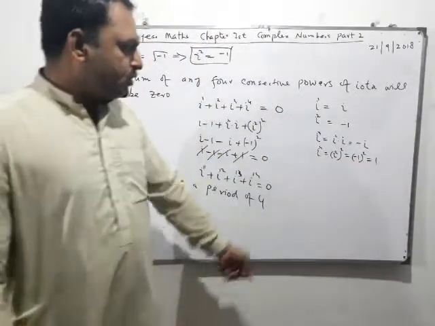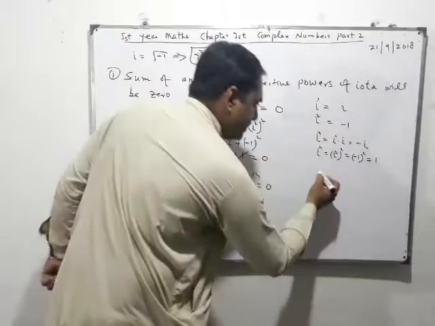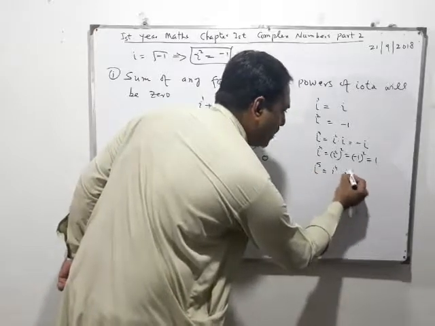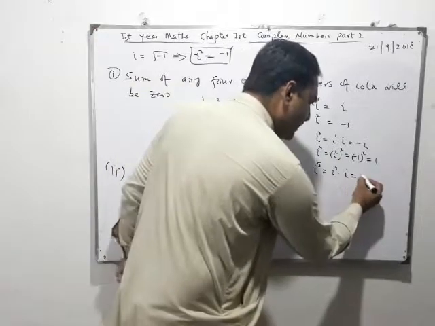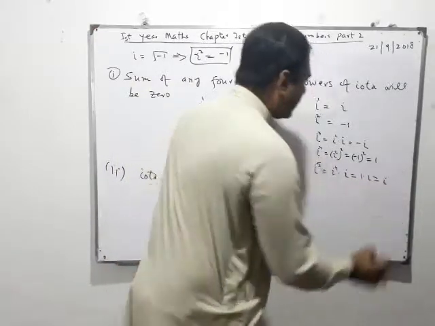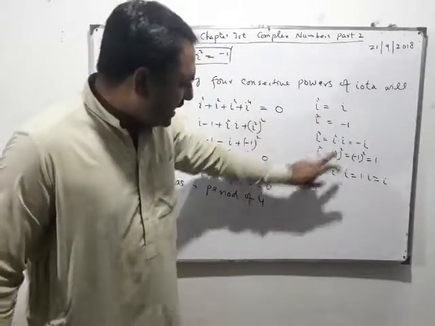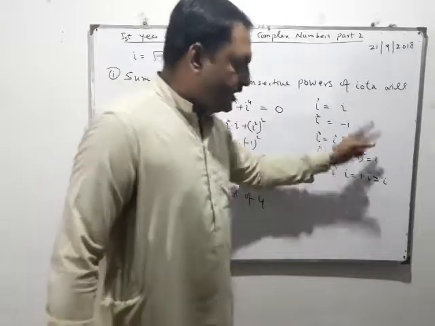Now by taking iota 5, we will get iota. How? That is iota 5 can be written as iota 4 into iota. So iota 4 is equal to what? 1. By putting 1, we will get iota again. So iota 1 equal to iota and iota 5 equal to iota. So after 4th power iota will repeat itself.